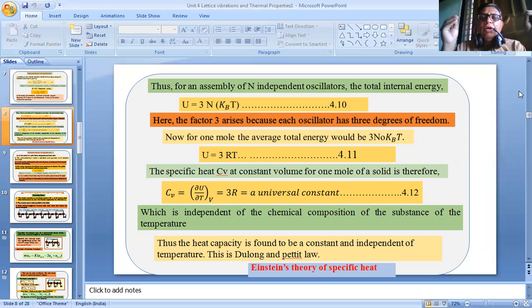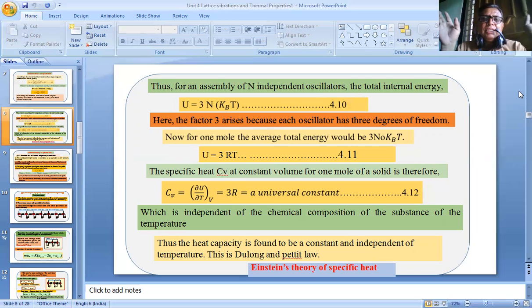For one mole, the average total energy would be U equal to 3RT. This is equation number 4.11.